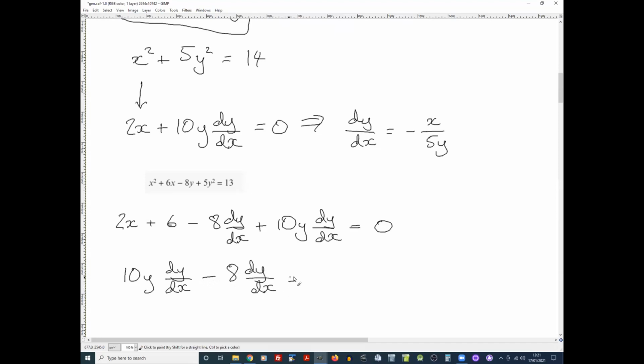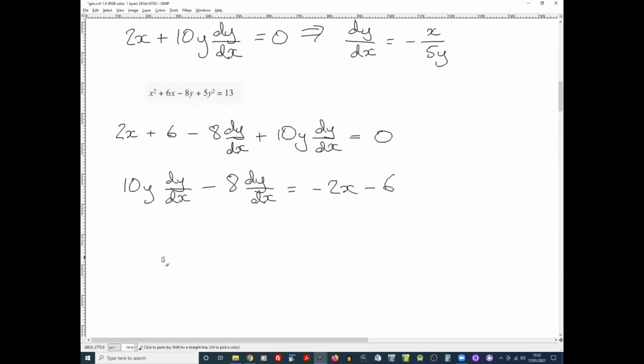Minus 2x minus 6. Yes, it is minus both of them. Well spotted, I was confused there. Then you could say, 2 and then bracket 5y dy by dx.